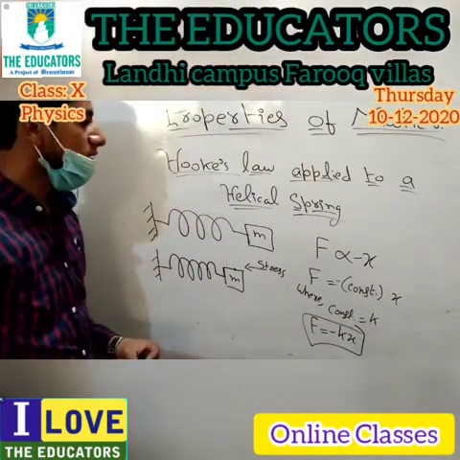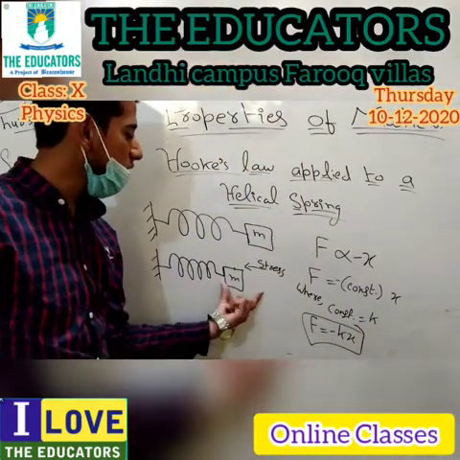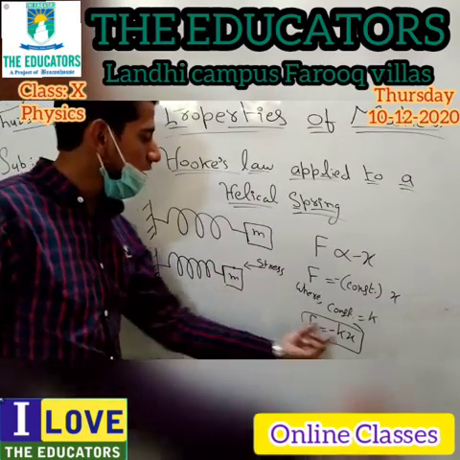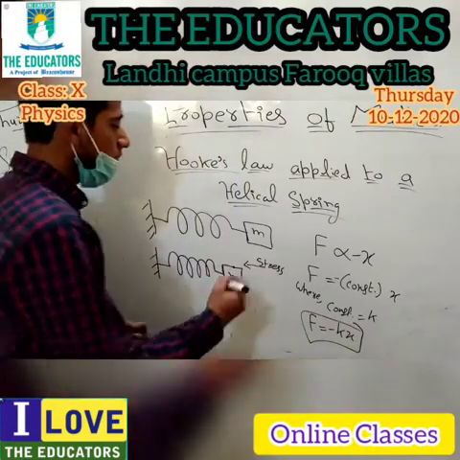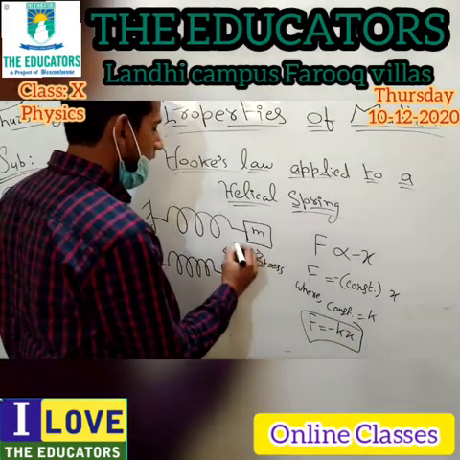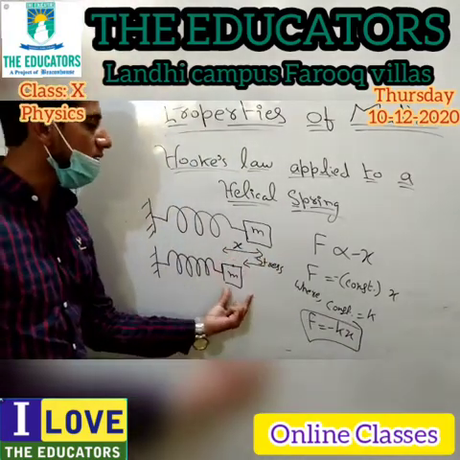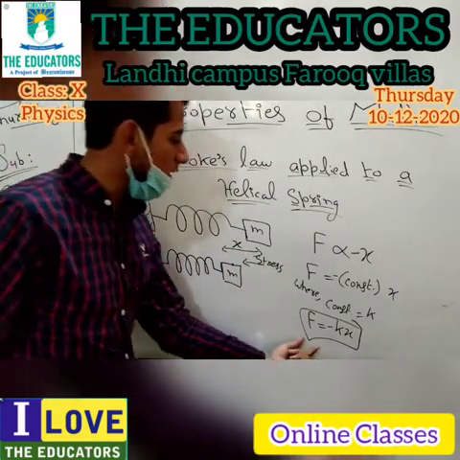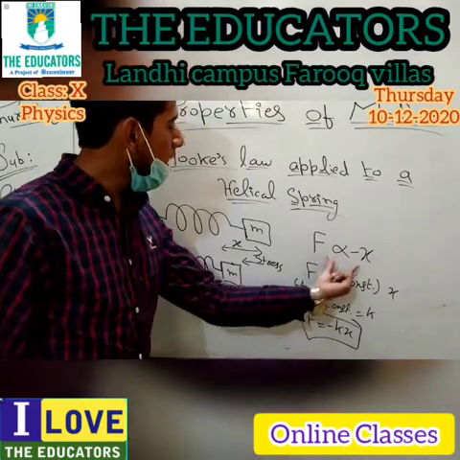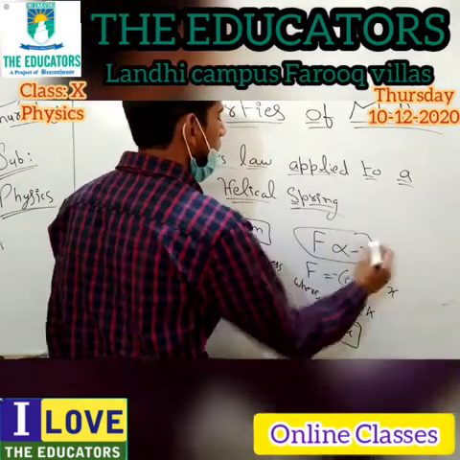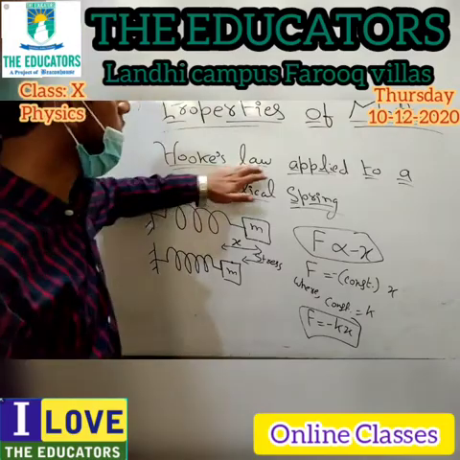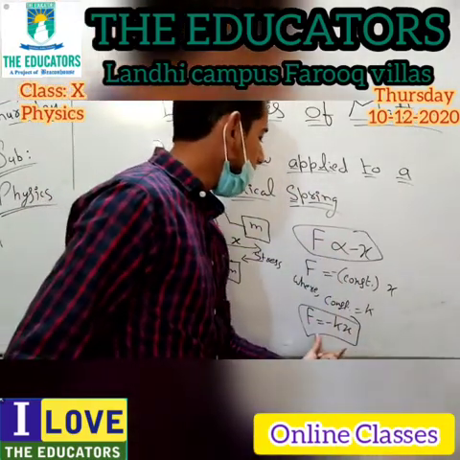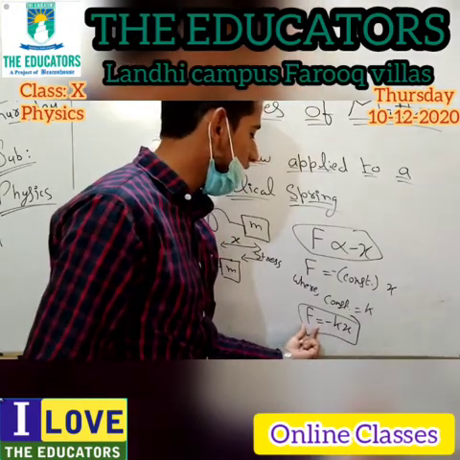That is the final expression for the force exerted on this block of mass m. When force is exerted, it is displaced x times. That x represents how much it is displaced away from its mean position. So that is the final expression for force, and that relation indicates Hooke's law applied to a helical spring. That is the mathematical form of the final force.